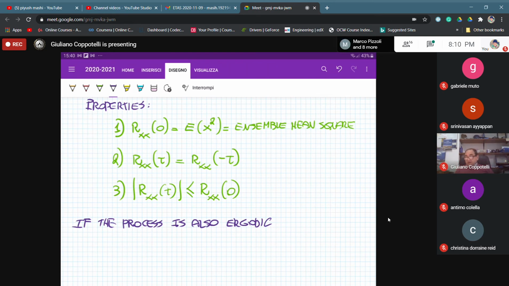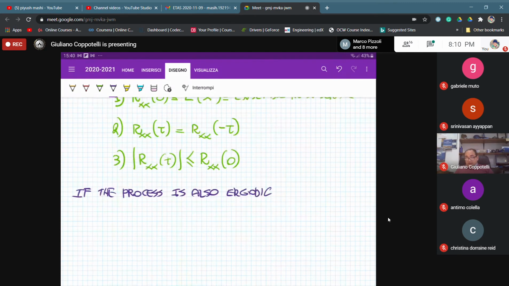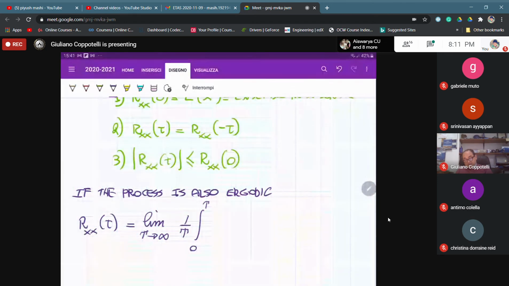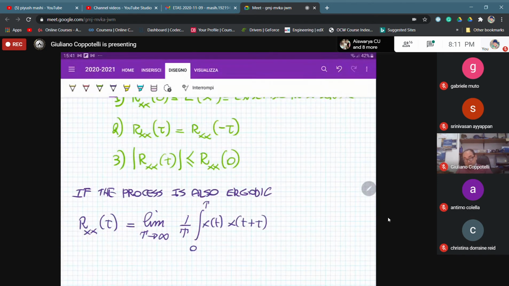Therefore, what we can say is that Rxx, the autocorrelation function that depends on tau, the time shift, is also equal to the limit, as the time goes to infinity, of the integral from 0 to T of x of t times x of t plus the time shift tau, dt.